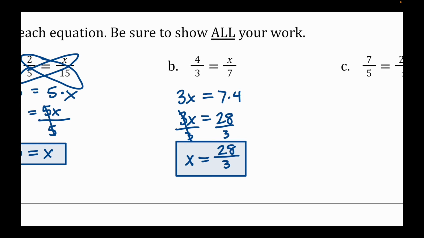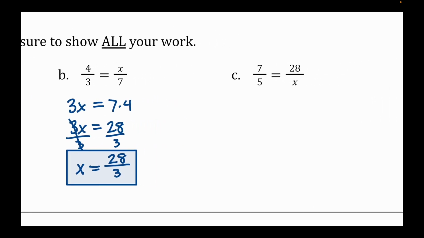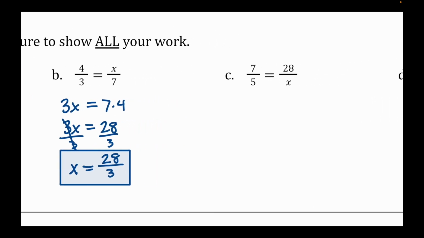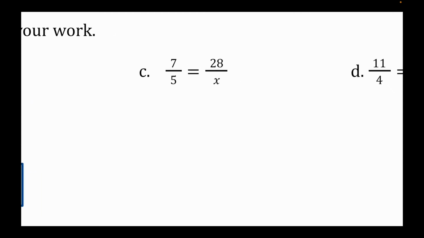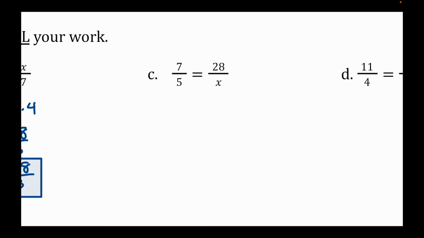That brings us to the next one, which is C. We're going to do 7 times x and 5 times 28. I like to put my variables on the left, so 7x on the left part. But 5 times 28 is going to be a pretty big number.